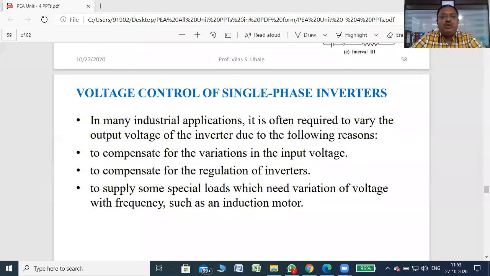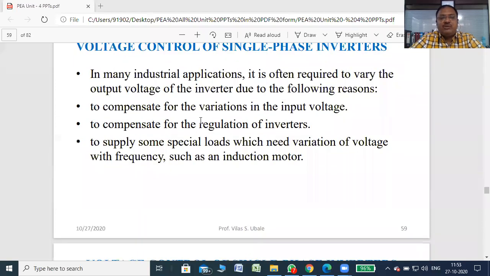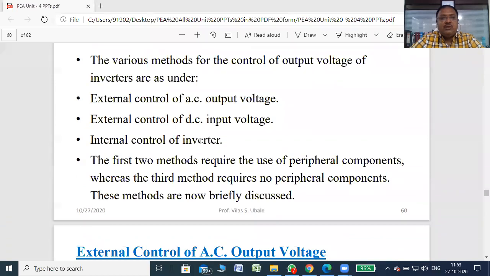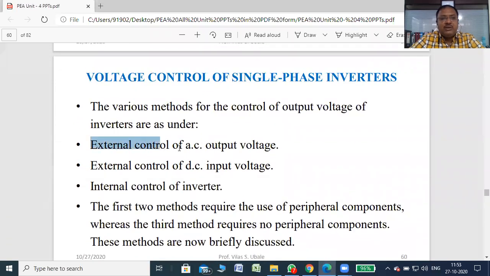Voltage control of single phase inverter, which we started in the last lecture. There are actually three methods. External control of AC output voltage and external control of DC input voltage both come under one category called external control.